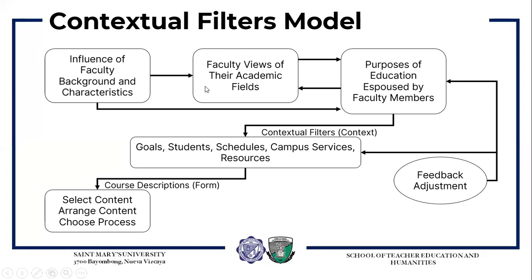An example I presented a while back is that graduates of public and private universities will have a different view about their subject or about the discipline that they are teaching. Of course, coming from two different universities, they have different sets of experiences, and definitely those will influence how they view their discipline.